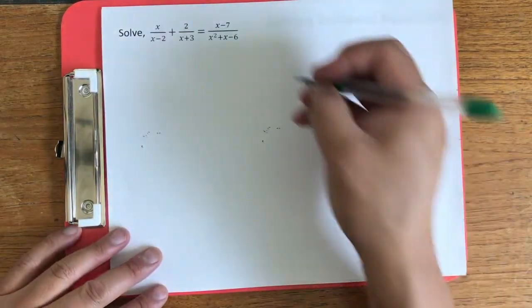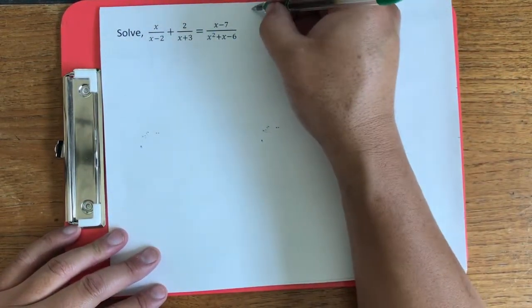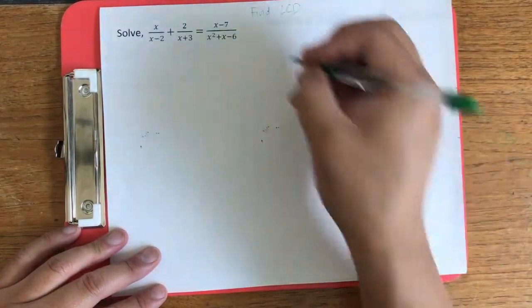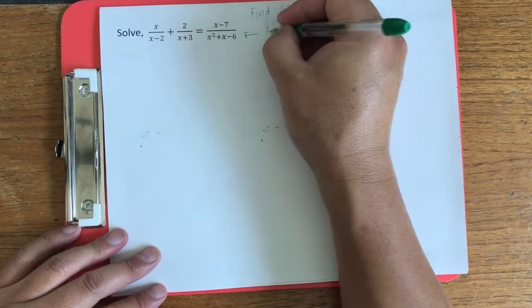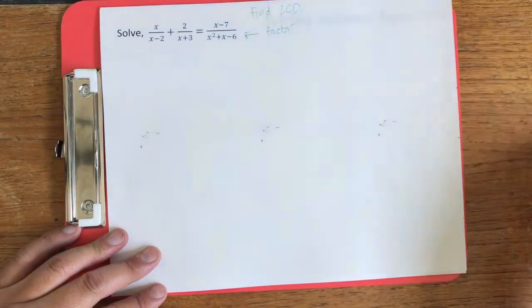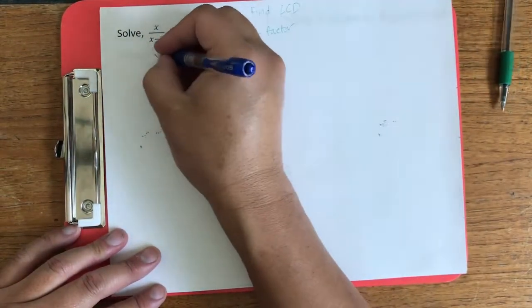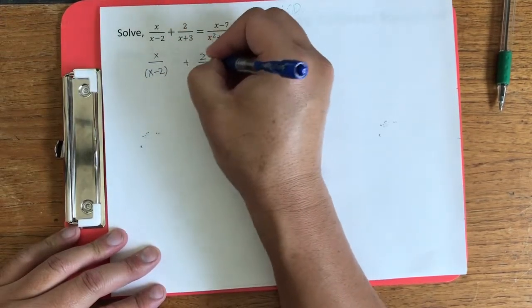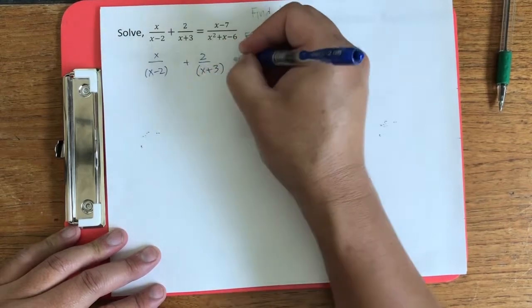The first thing we'll do is try to find the lowest common denominator. And the way we'll find the lowest common denominator is that we'll factor. Okay.